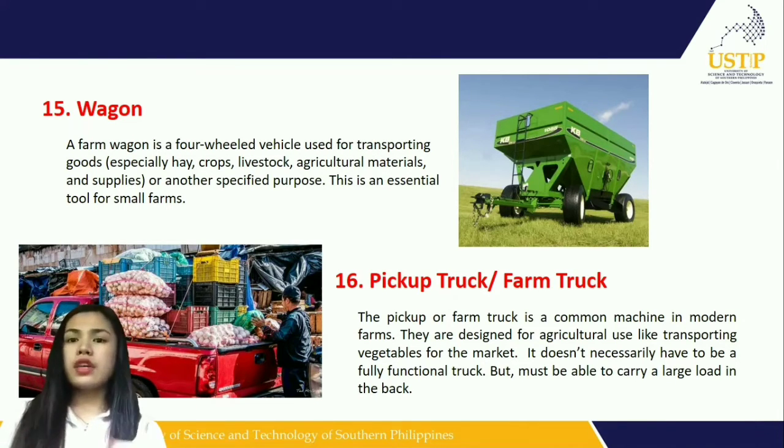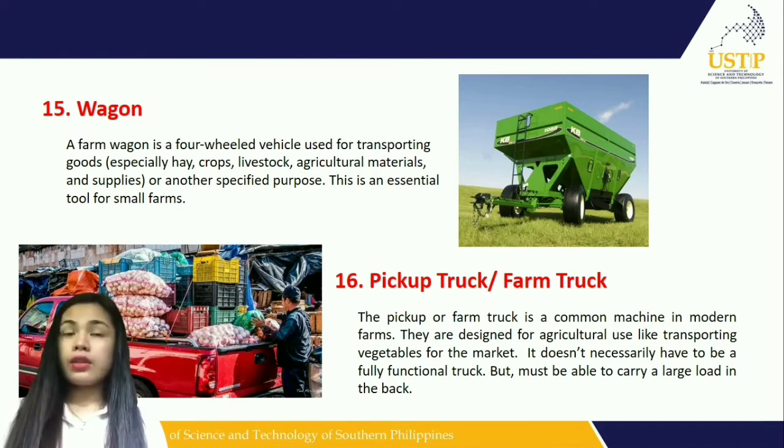It doesn't necessarily nga kanang dagko nga sakyanan, what I mean is dili siya necessary nga kanang truck nga kanang tsada ang atong gamiton, basta kay makadaog siya sa mga karga nga ilang i-transport sa market.